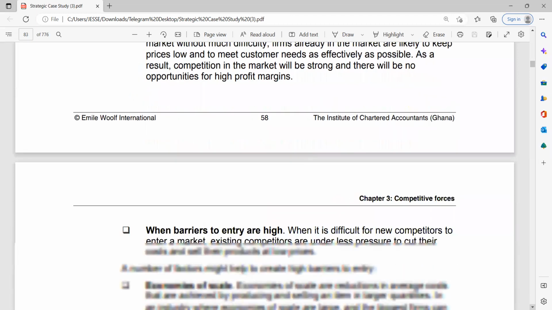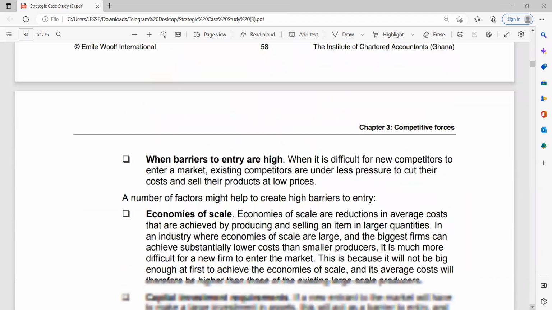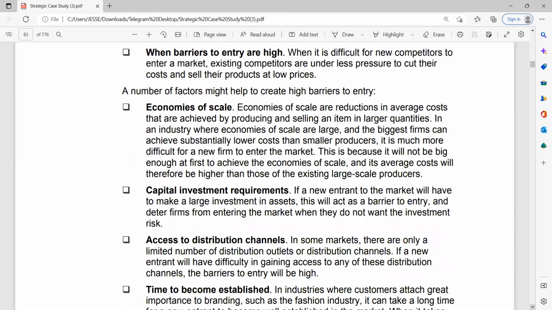Very, very important. When the barriers are very, very high, there are also implications. It will be difficult to enter the market, and therefore existing competitors can charge higher prices, and can charge high prices and make high profits.